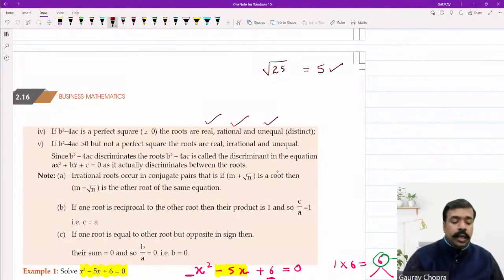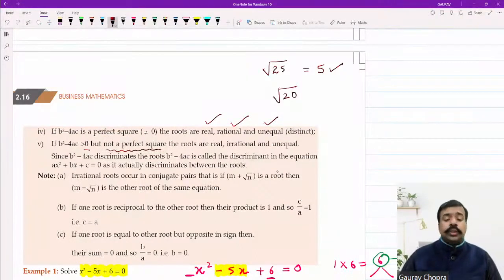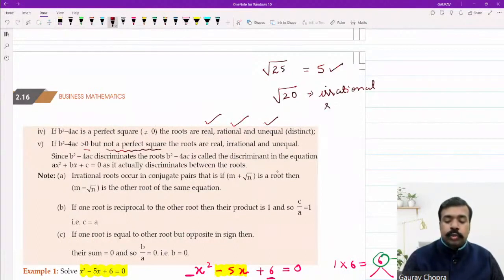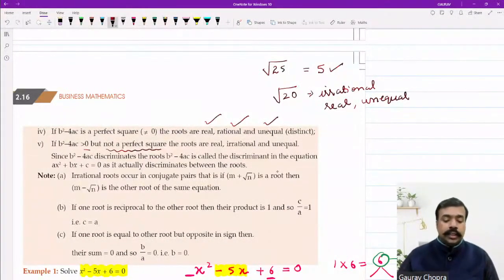And if b square minus 4ac is more than 0 but not a perfect square, let the value be 20, but it is not a perfect square. So since it is not a perfect square and the value is coming inside the root, it is known as irrational. And also we already know it will be real as well as unequal.